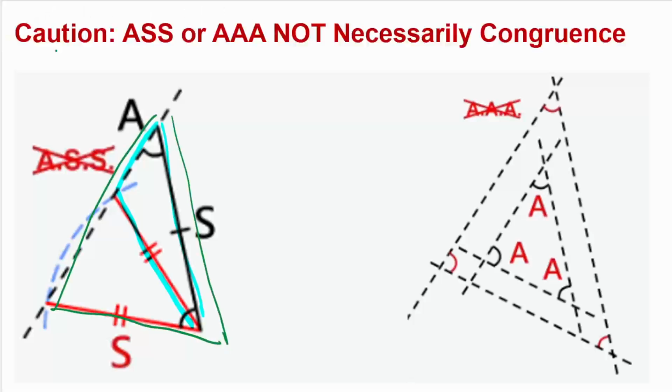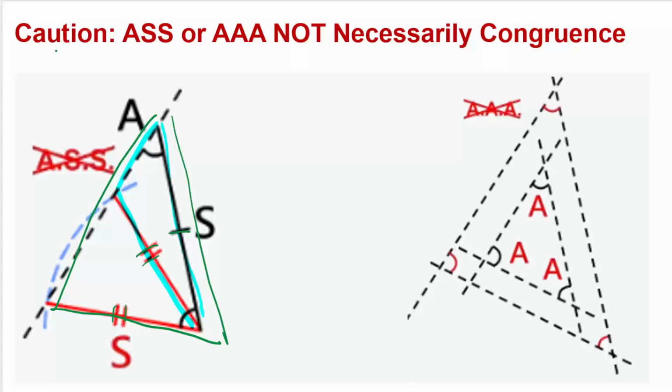And they share the same side here. And suppose this side equals this side. So this is ASS, right? But apparently these 2 triangles are not congruent. Can you see that? So ASS does not necessarily mean congruence.